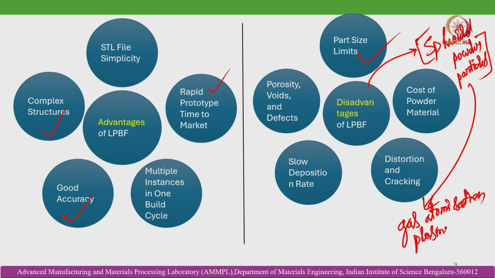So, you can understand the cost increases because of the specific size and shape requirement of powder particles. Then there are chances of porosity, voids and defects that we discussed, slow deposition rate compared to other laser based processes like directed energy deposition, distortion and cracking. So, these are the disadvantages of LPBF.